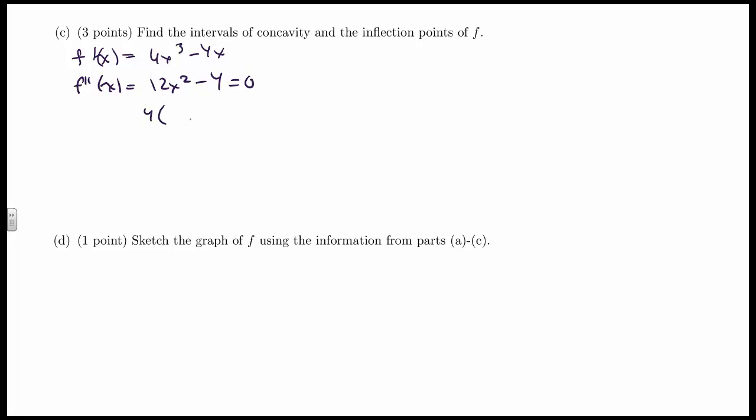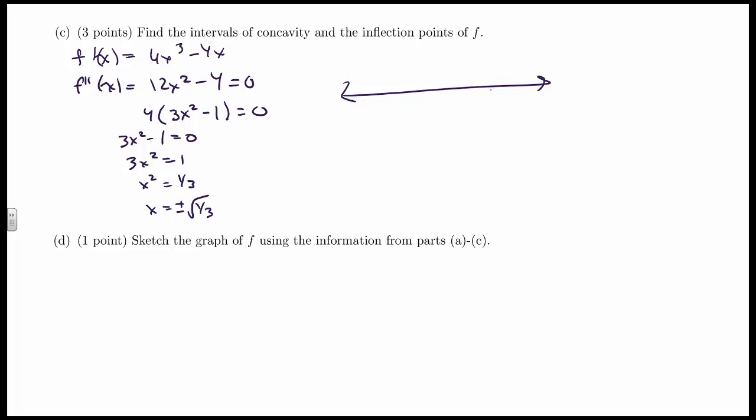Let's factor a 4 out, and we're left with 3x squared minus 1. So 3x squared minus 1 is equal to 0, 3x squared is equal to 1, x squared is 1 over 3, x is equal to plus or minus the square root of 1/3.